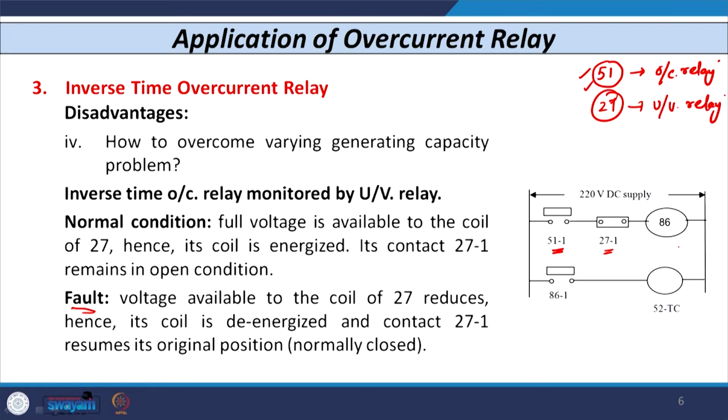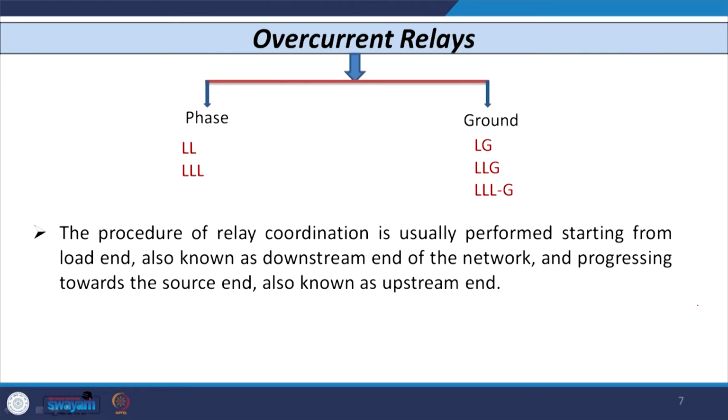So it energizes the coil of auxiliary relay 86, which closes the contact of auxiliary relay 86, and hence the final trip coil of the circuit breaker is energized. So this is how we can avoid the problem faced by inverse time overcurrent relay, that is the varying generating condition problem.